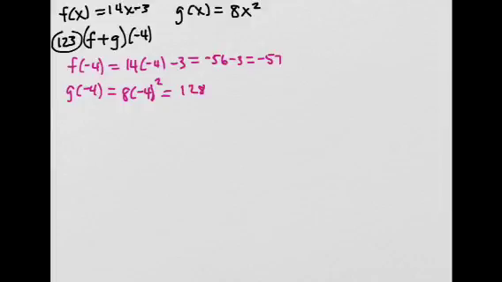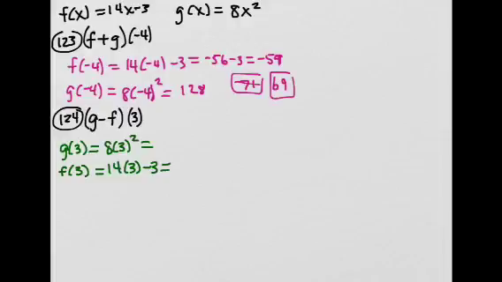And when you combine f of -4 and g of -4, you get... Oops, take it back. It's actually 59 up here. So that's 59. And so when you subtract 59 from 128, it's actually 69. Sorry about that. There's the right answer.